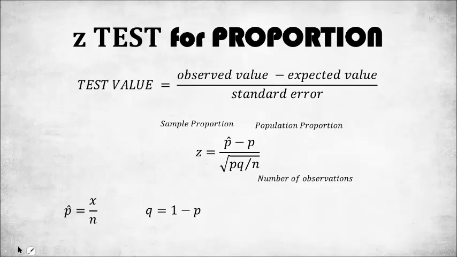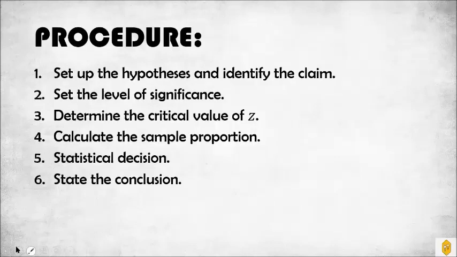Also, yung notation na ginagamit natin. And then, for our procedure, same lang to sa procedure natin sa one sample z-test under part 2. Meron lang tayong changes dito sa step number 4. Kasi may iba yung formula natin. And then, yung hypothesis natin, instead of using mu, ang symbol natin, di ba, yung parang cursive na M, we are going to replace it by P. Kasi population na yung ating pinag-uusapan.